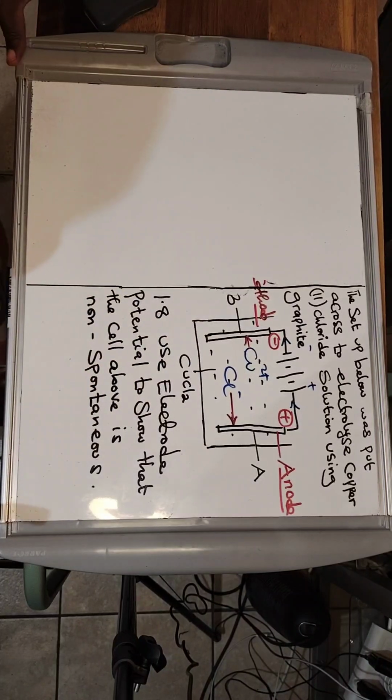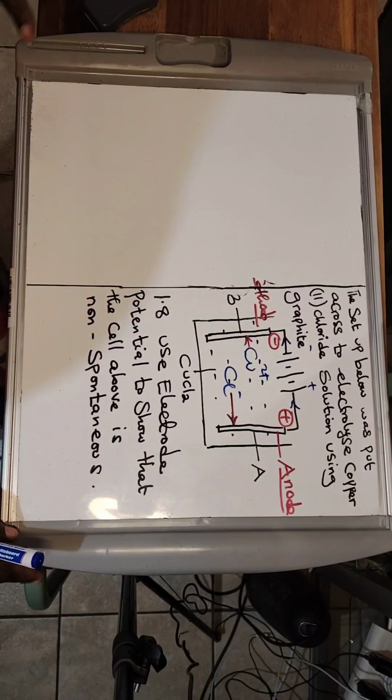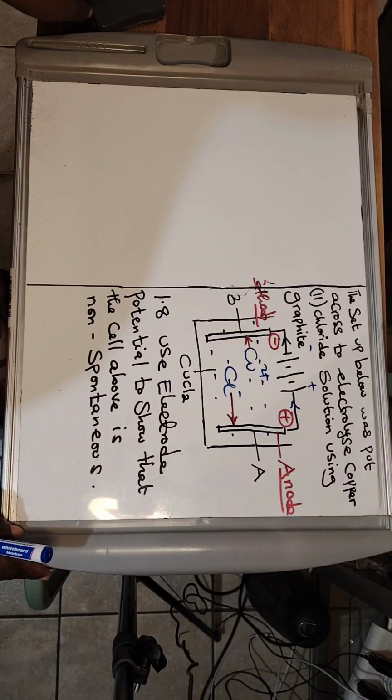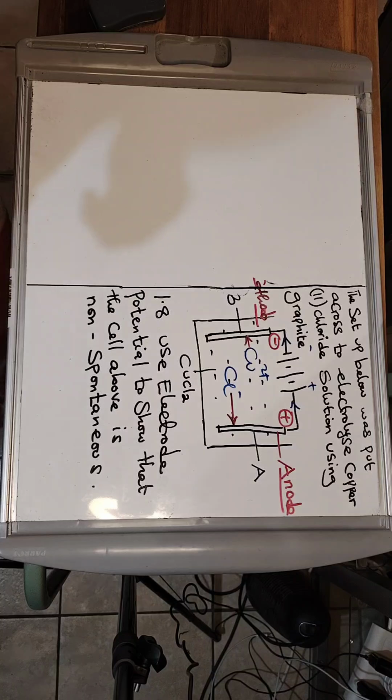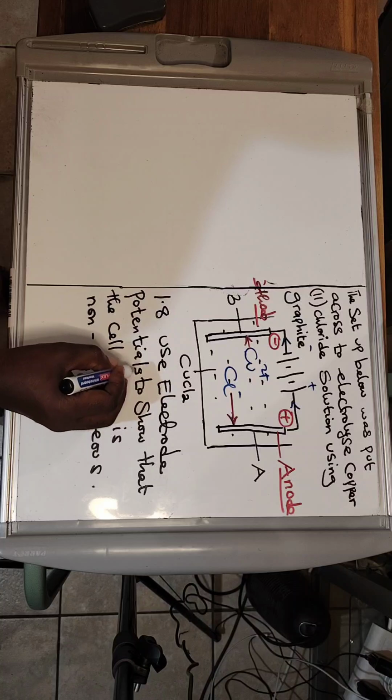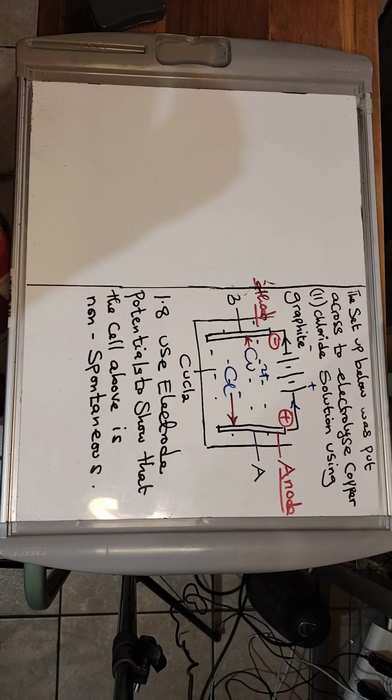Then comes this question 1.8. It says use electrode potentials to show that the cell above is non-spontaneous. So how do we answer this question?